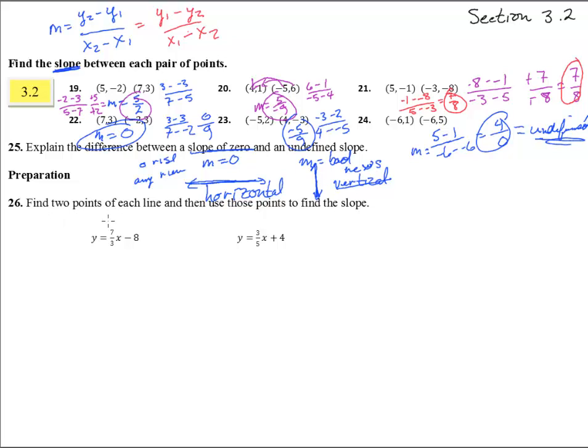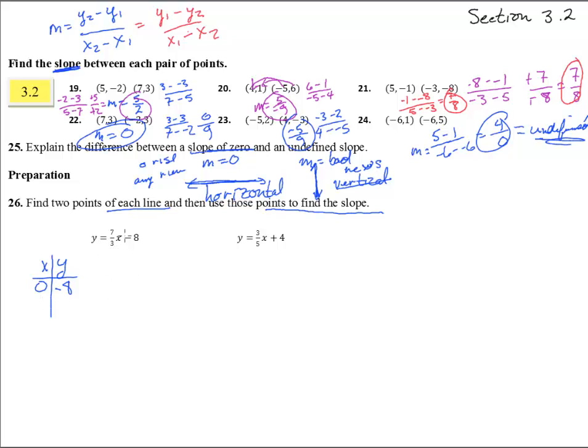Okay, find 2 points of each line, and then use those points to find the slope. Now that's stuff we've done in previous sections, but we can do this. We can get 2 points here. Let me see. Y-intercept's really nice. If you stick in x is 0, this guy goes away, which is kind of nice. And then we have that y equals negative 8. Okay.